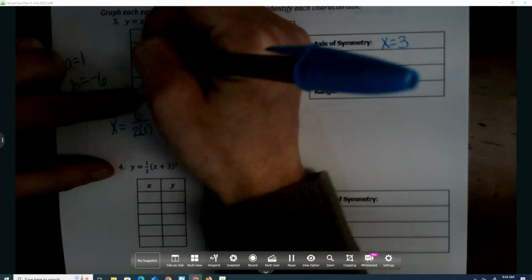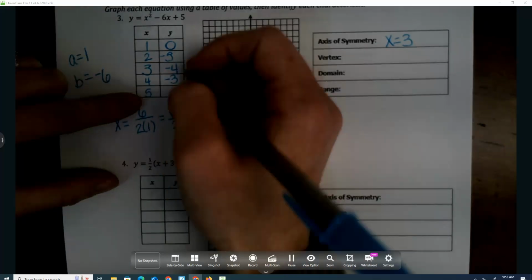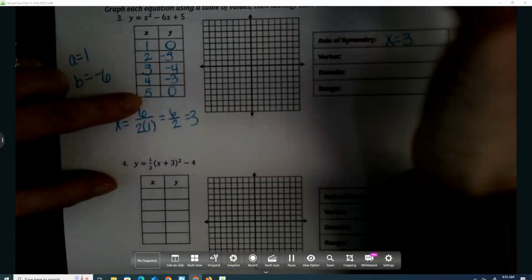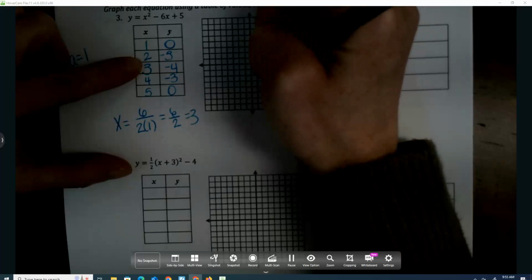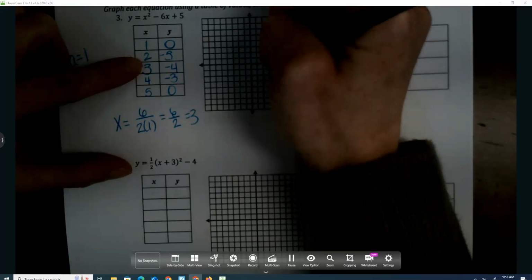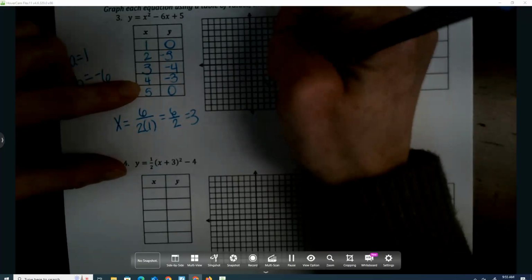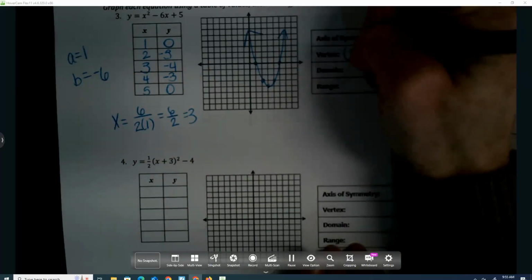Yeah, I think the 2 should have gotten a negative 3 as well. My 5's, when you plug that in, what'd you guys get? Should have gotten a 0. If you guys don't want to participate, I can stop right now. So we have 1, 0; 2, negative 3; 3, negative 4; 4, negative 3; and 5, 0. So the vertex we have is 3, negative 4.